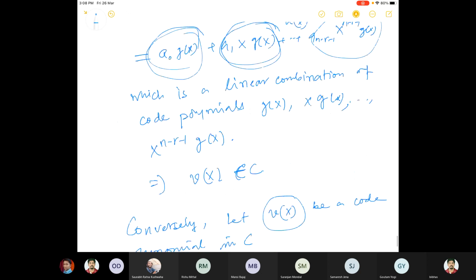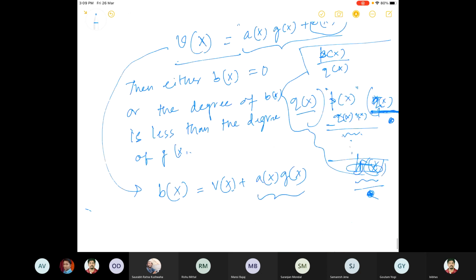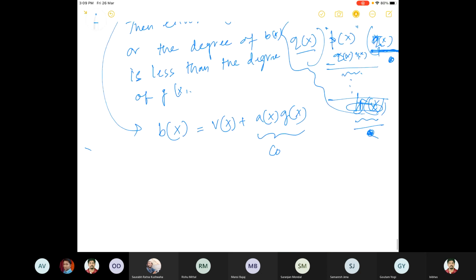Because of the first part of the theorem. We assumed that v(x) is any polynomial of the form u(x) times g(x), and then we proved that v(x) is a code polynomial. So this is a code polynomial due to the first part.